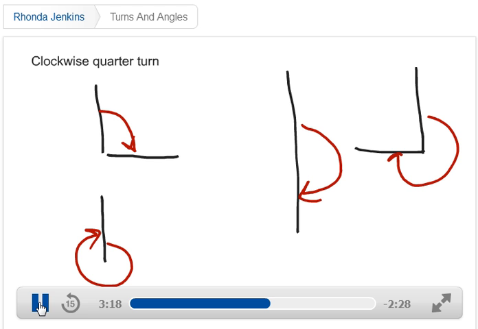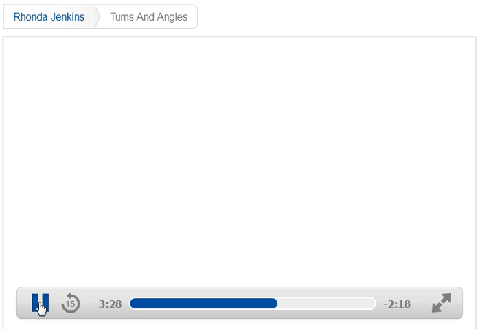As a contrast, let me show you that same style of turn, but counterclockwise. So I'll just draw my side and my other side, but this time I'll show you a counterclockwise turn. Notice it's against the clock, so that's a counterclockwise quarter turn.